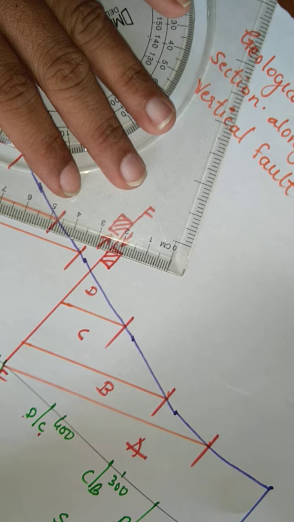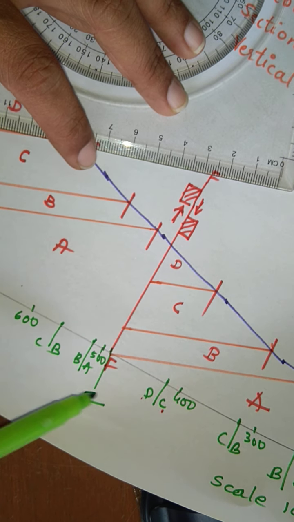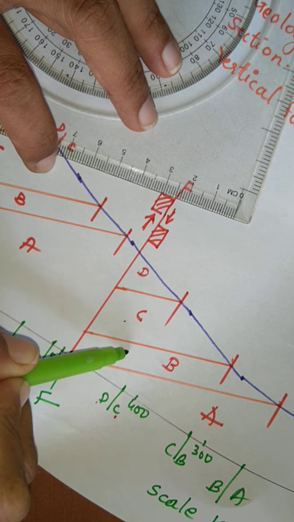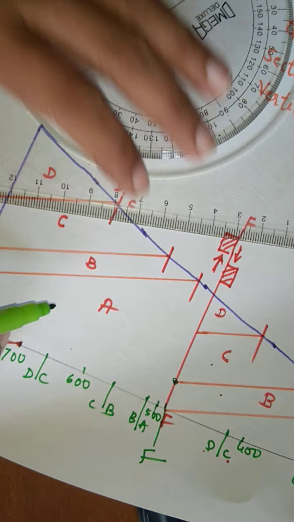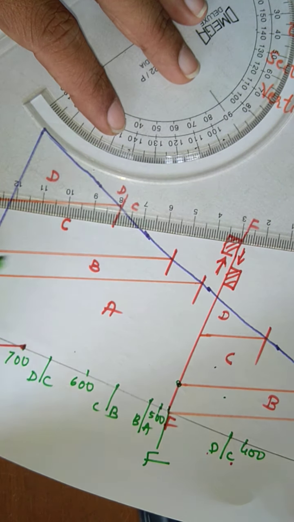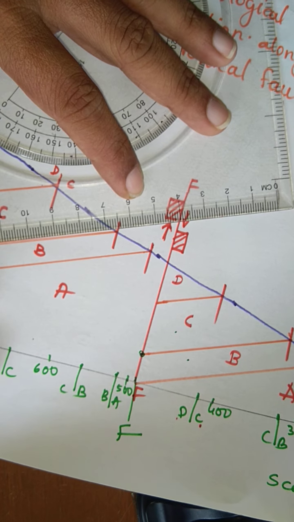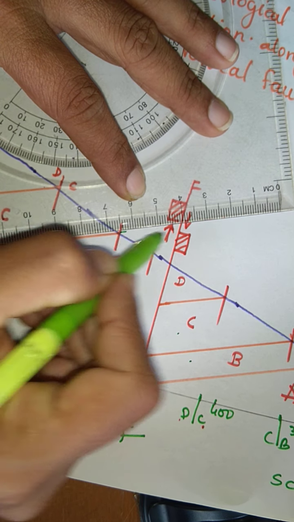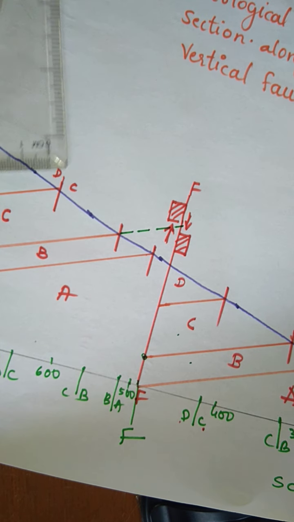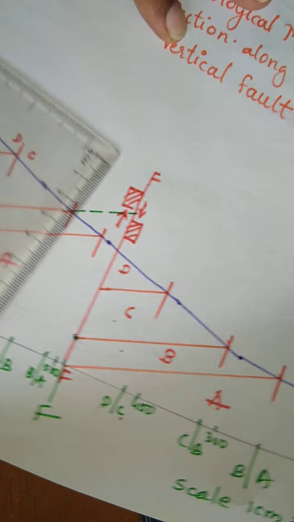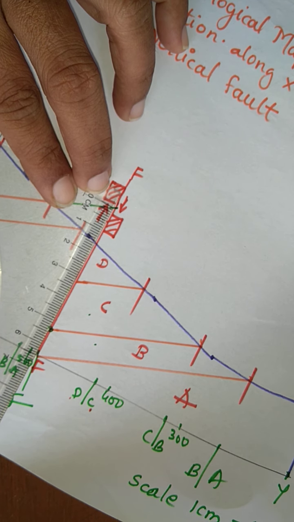So here I'll take one common bedding plane on either side of the fault. I'll take this CB, which is here. Then on this side of the fault, the CB bedding plane is here. So what I'll do, I'll extend this CB bed up to the fault. To know by how much distance the faulting has taken place, this we are going to find out here.